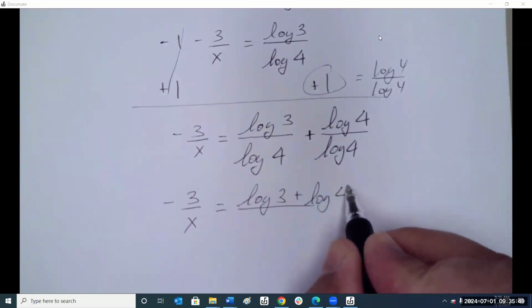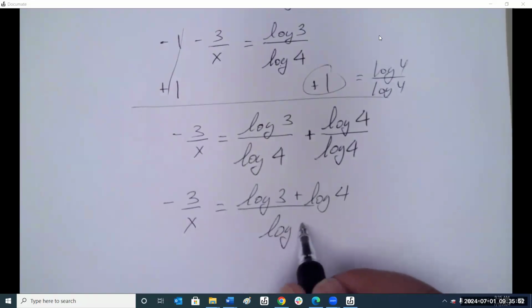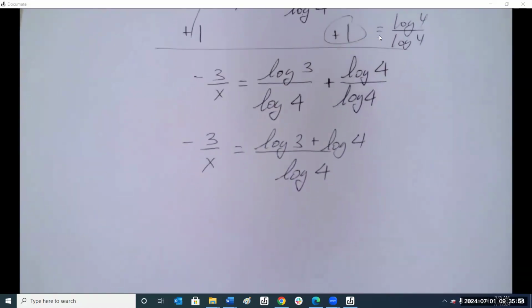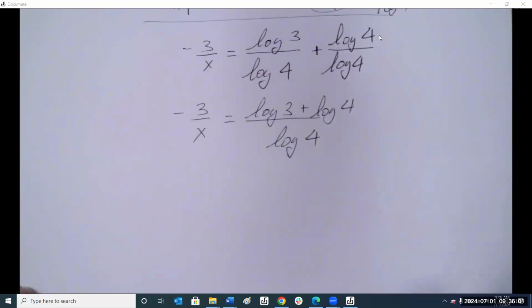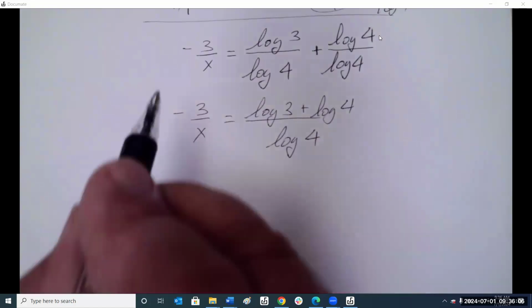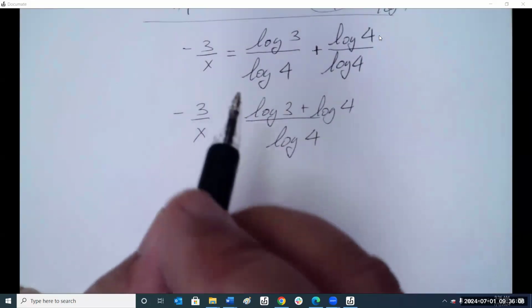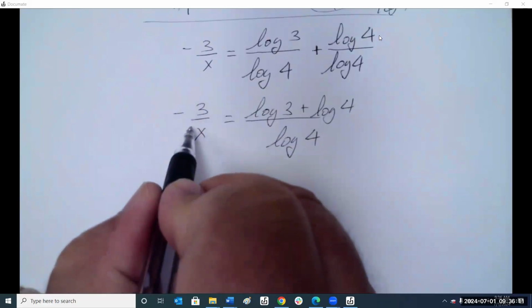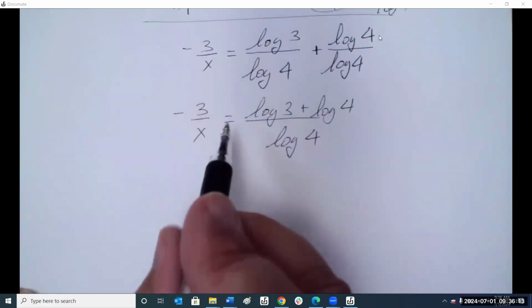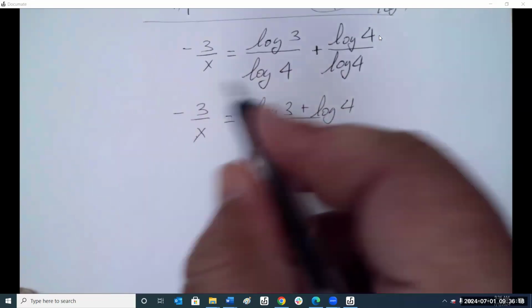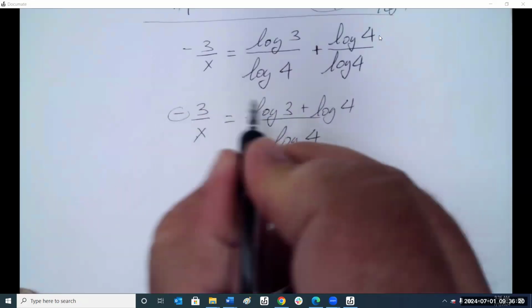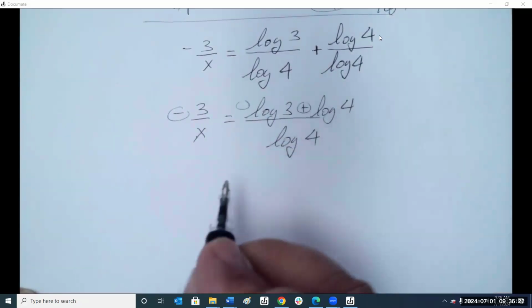So on top, we have log 3 plus log 4 over log 4. Since we're solving for x, let's change all these signs.